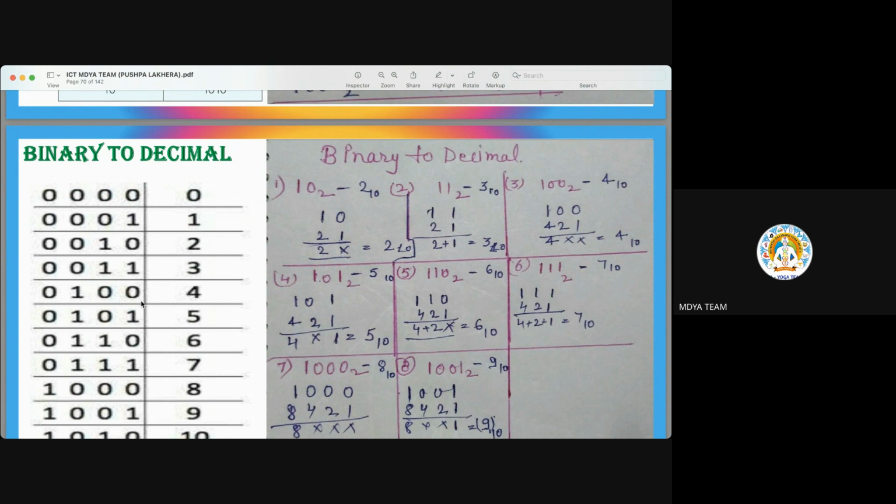You will solve by yourself, you will get the answer. And if you feel any difficulty, then we'll discuss again in the class. But the conversion is more or less the same. You can just replace 2 by 8 if it is an octal number, and you replace 2 by 16 if it is a hexadecimal number.